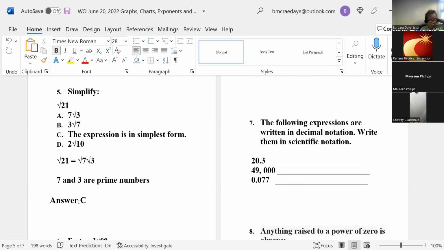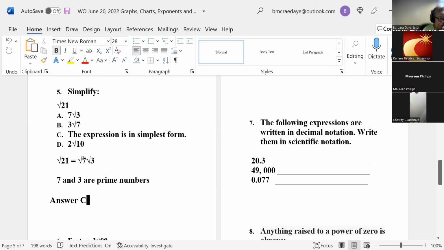So what you do is you take the radical. When I say radical, I'm referring to the radical symbol and the number. 21 is called a radicand, but I refer to the whole thing as a radical. 21 factors into 2 radicals, 7 and 3.